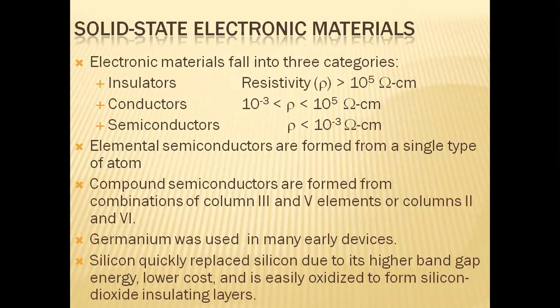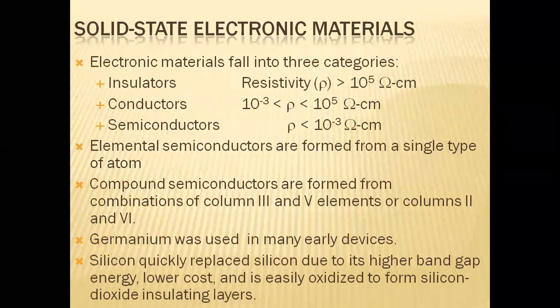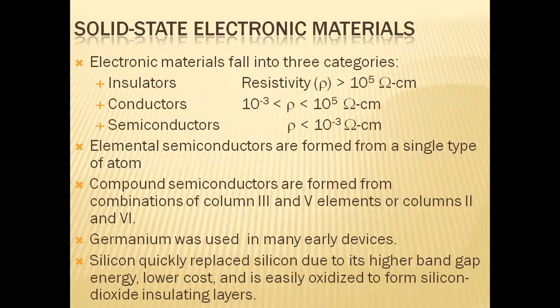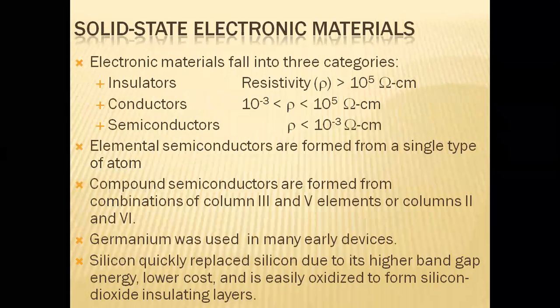Moving on to the concepts of solid state electronic materials. Electronic materials are characterized into three different groups. First one is the insulators, second one conductors, next semiconductors.